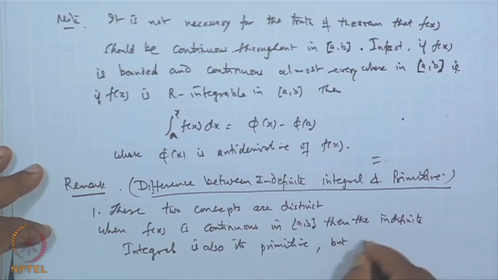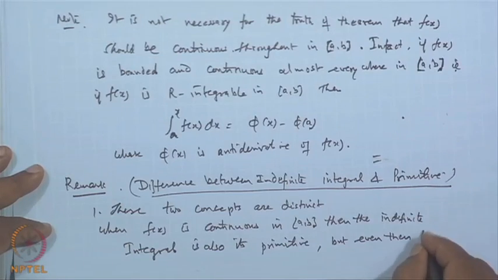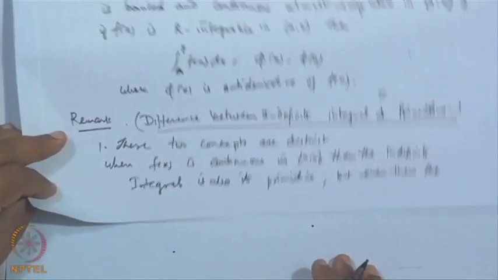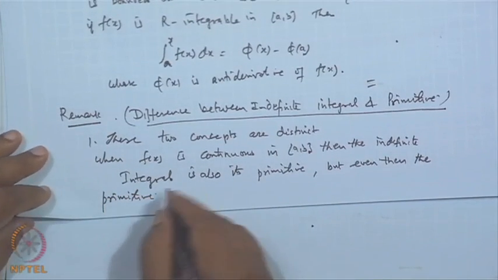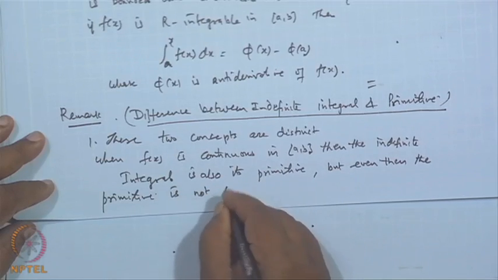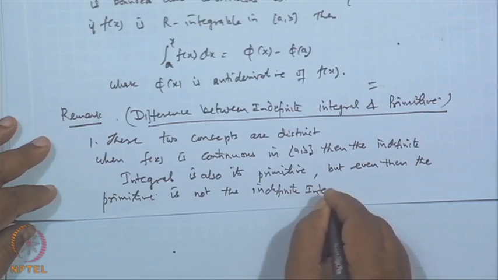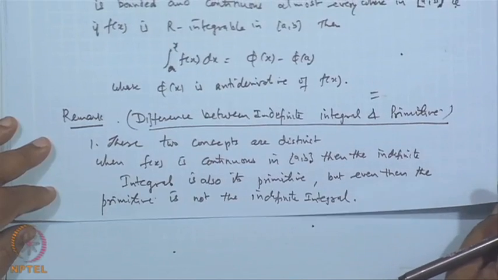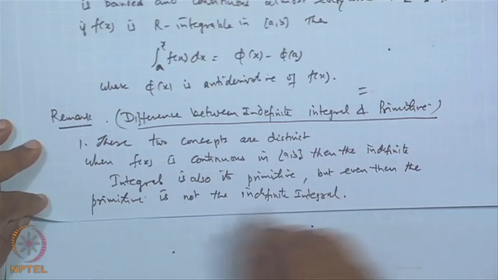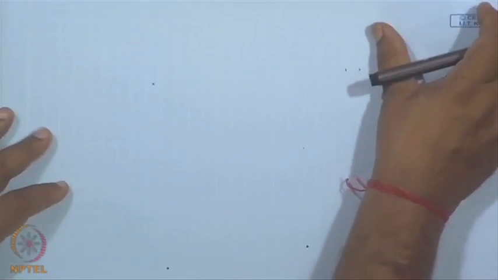But even then, the primitive is not the indefinite integral. In fact, the primitive is not the indefinite integral. So, let us see an example.